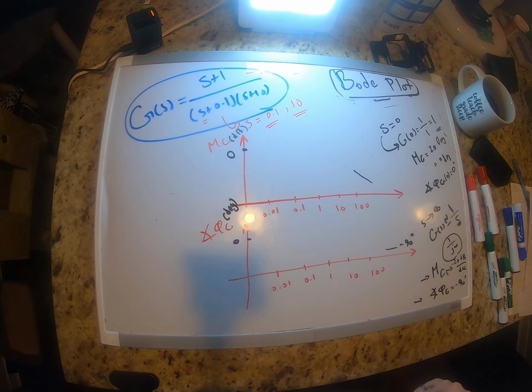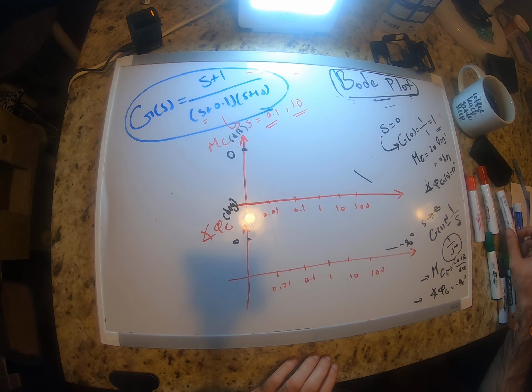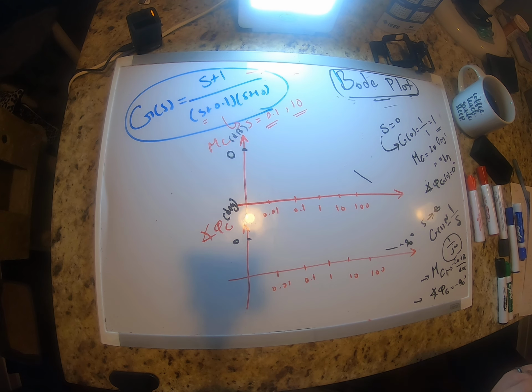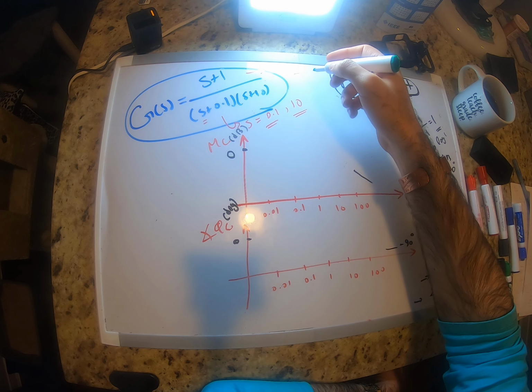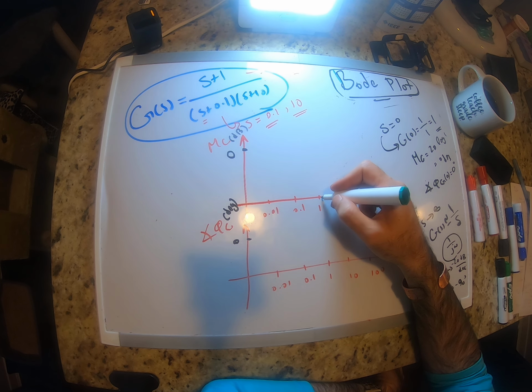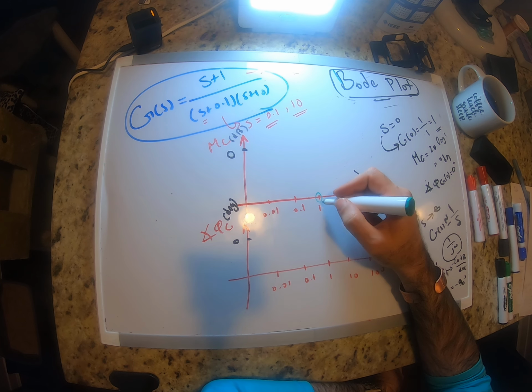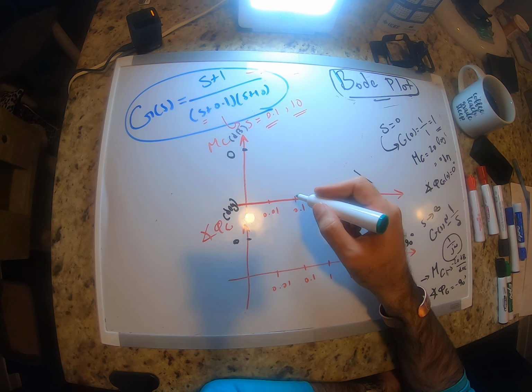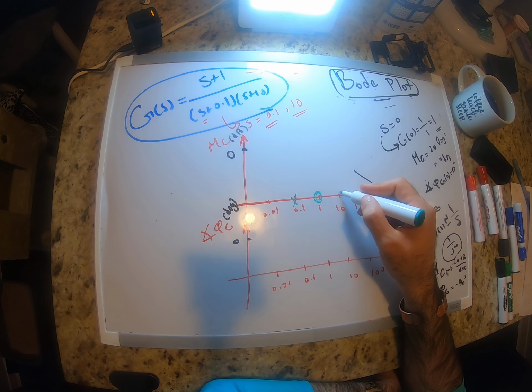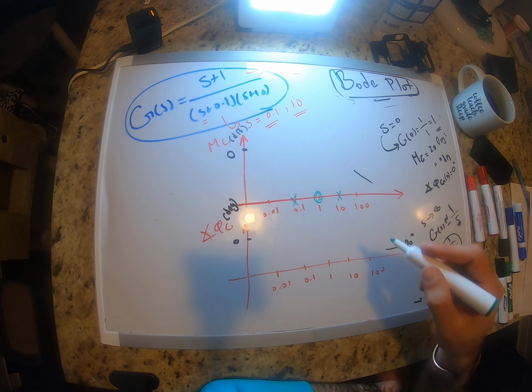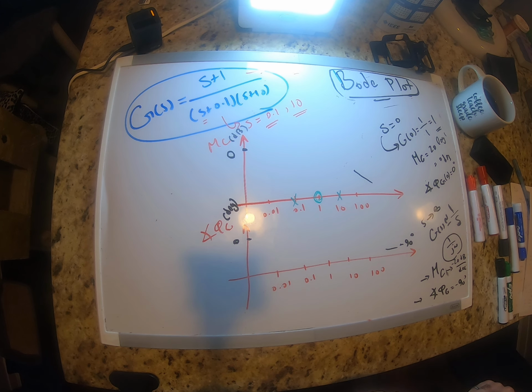Okay, let's now look at the poles and zeros. We have a zero at s equal to 1, and we have two poles, one here, one here.